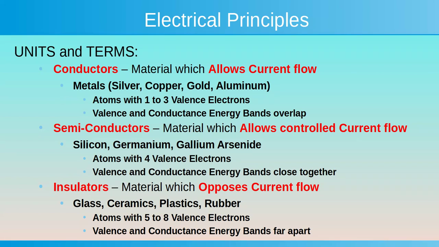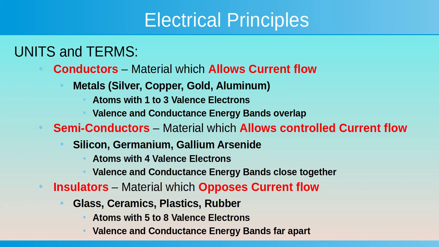All conductors will have atoms that have 1 to 3 valence electrons. And we'll talk a little bit more about that if you don't know what a valence electron is or what's inside an atom. Atoms have different numbers of electrons associated with the protons.